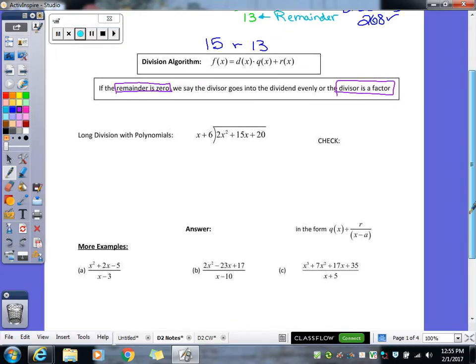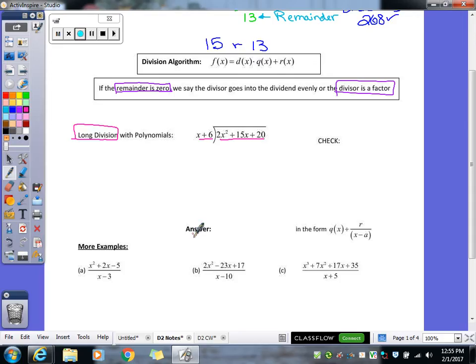Alright, so our first problem here for our long division with our polynomials, it's set up the same way. We would use all the same terms. This x plus 6 out here would be our divisor. This down here is our dividend. We're going to try to get our quotient.